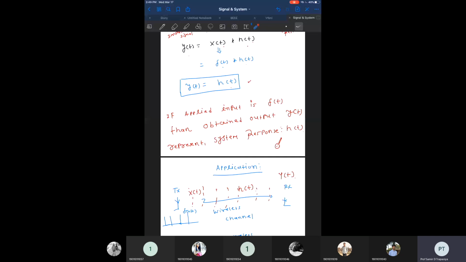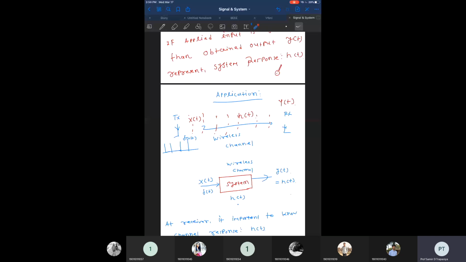Now if we know the system response h of t, then our communication systems can use an equalizer to eliminate the effect of the wireless channel, and we can retrieve our original signal back. So if we know h of t, the output can be recovered in a better form, and we can establish a very good, reliable wireless communication system when h of t is known.